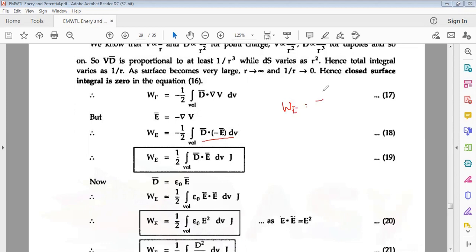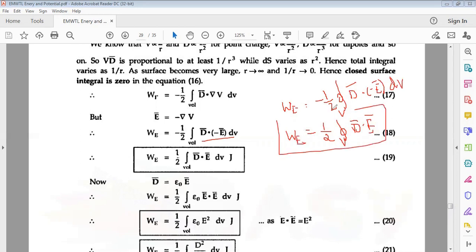So W is equal to minus 1 by 2 the volume integral D bar dot minus E bar into dV. So minus into minus becomes plus, 1 by 2 the volume integral D bar dot E bar dV.